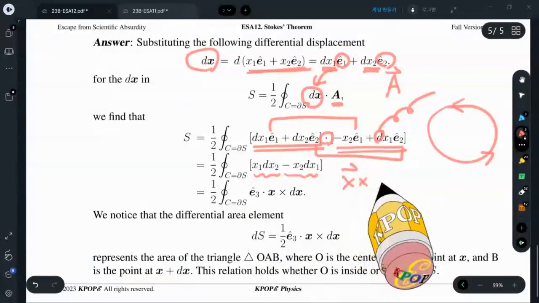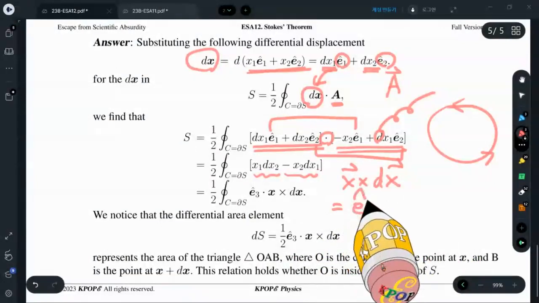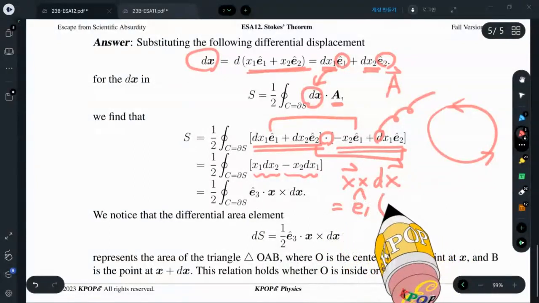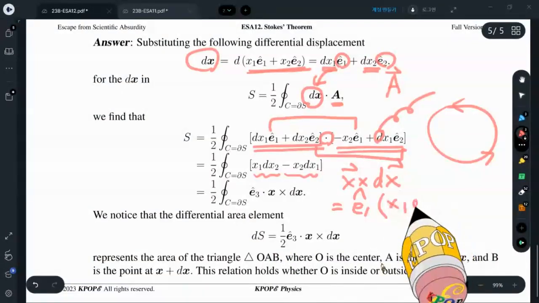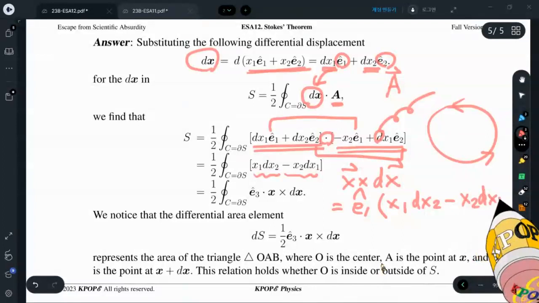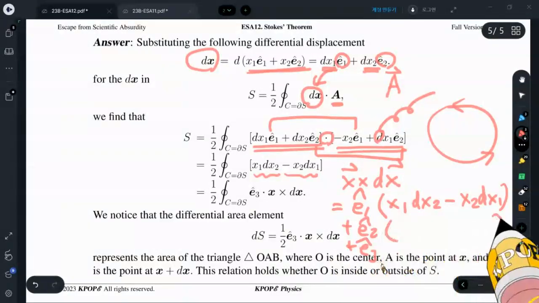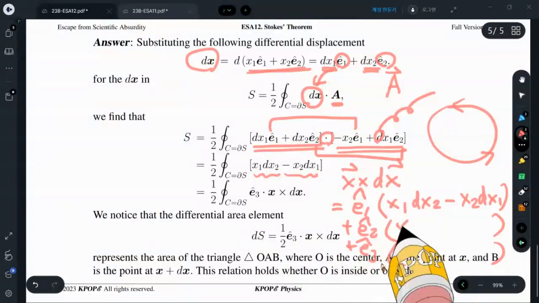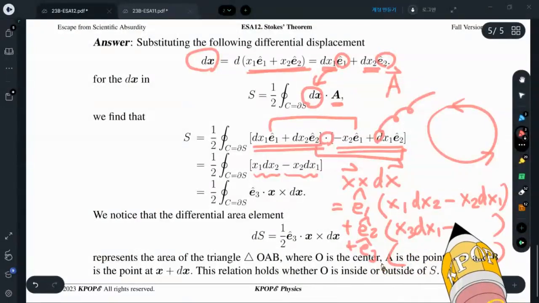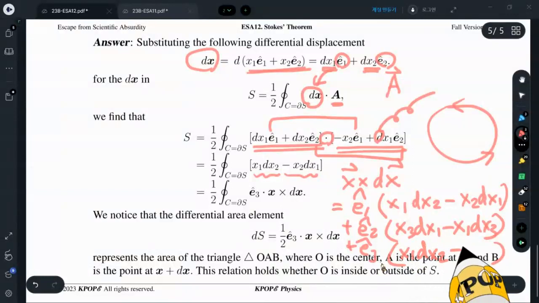But let's see. What's that? x cross dx is e1, e2, e3 times x1 dx2 minus x2 dx1, with the cyclic components 2 3, 3 1, 1 2 minus 3 2, 1 3, 2 1.